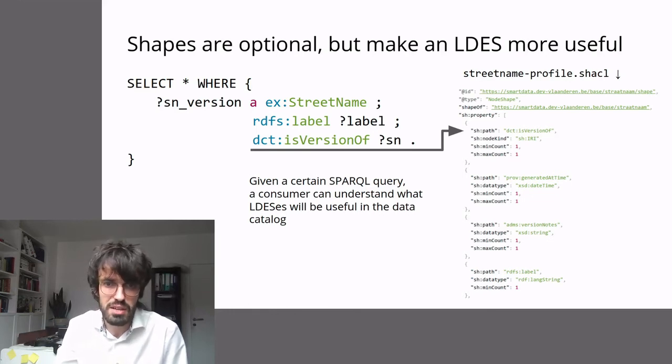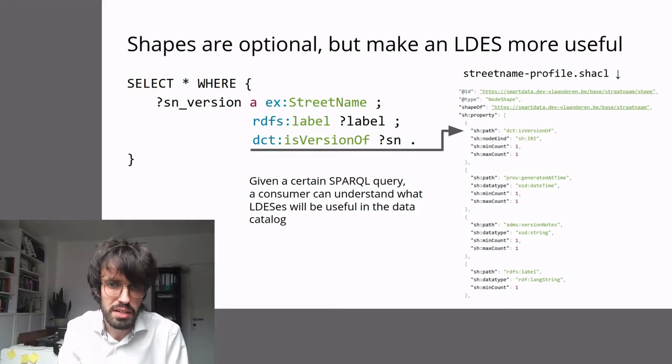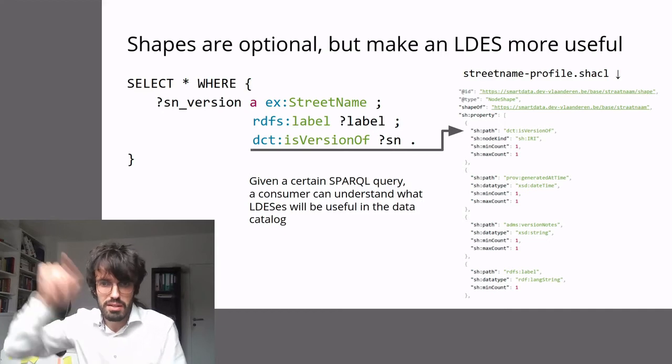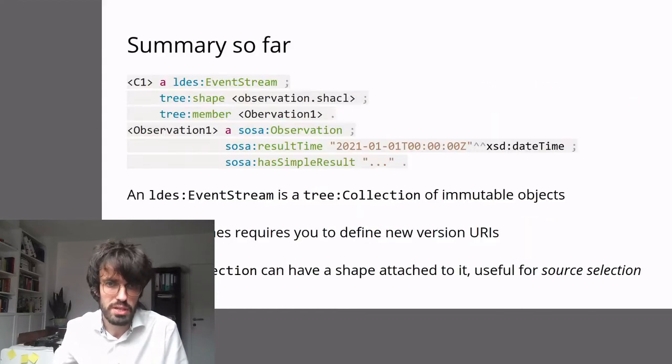And that's an interesting one, because now if I have this SPARQL query and I just have the metadata of all the data sets in my catalog, I can understand that this query is going to be useful to answer with collections that adhere to that SHACL shape. So I can do source selection based on that.